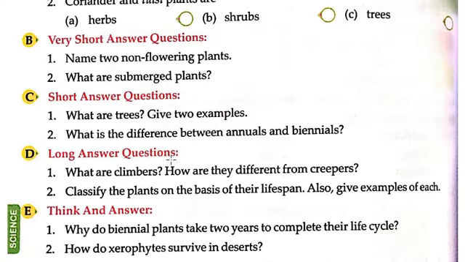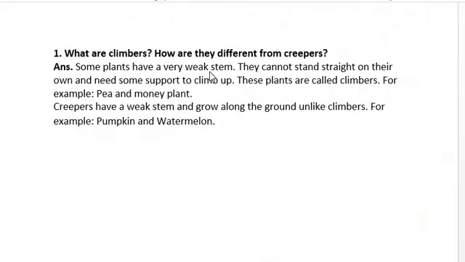D. Long answer questions. What are climbers? How are they different from creepers? Some plants have a very weak stem. They cannot stand straight on their own and need some support to climb up. These plants are called climbers.